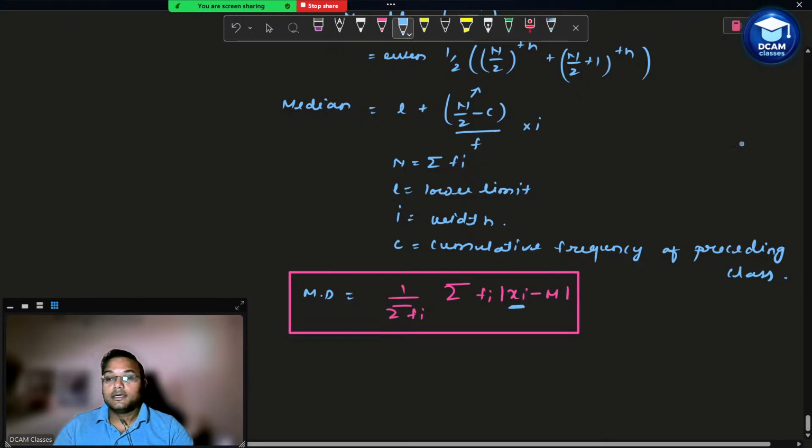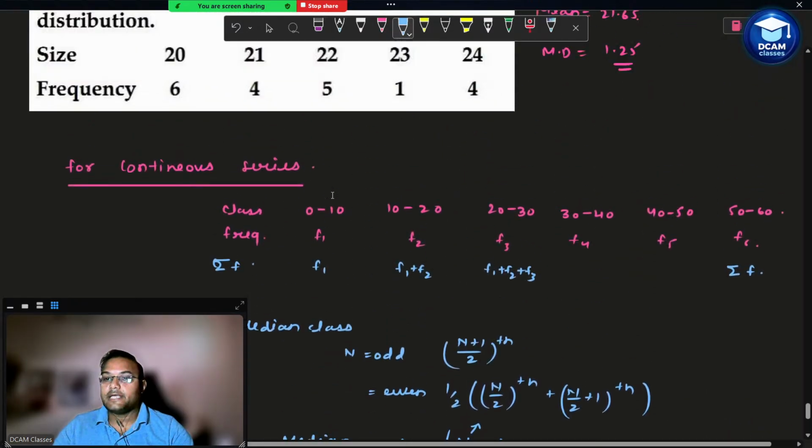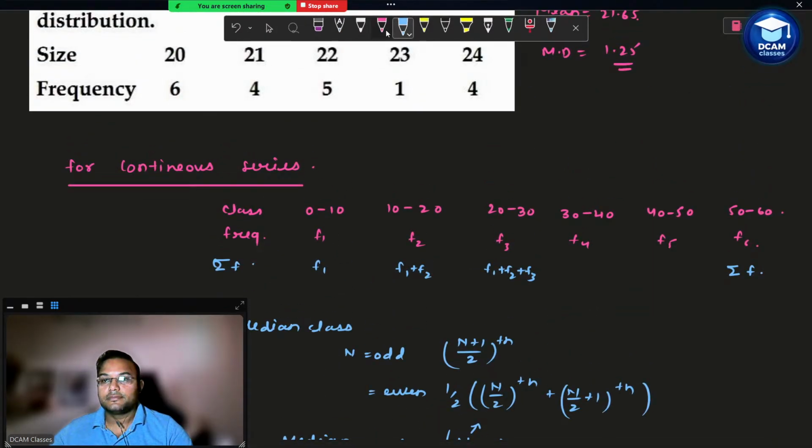Yes, the xi value is actually the mid value of these classes. This is the catch. The confusion arises in taking the xi value. Xi is the mid value, right? For 0 to 10, the x1 value will be 5.